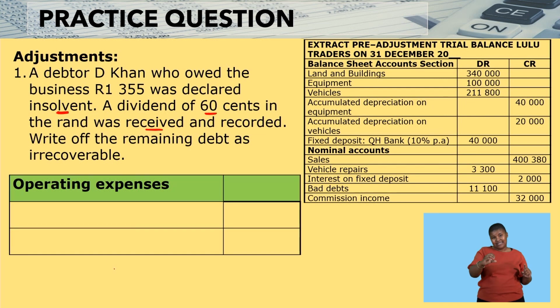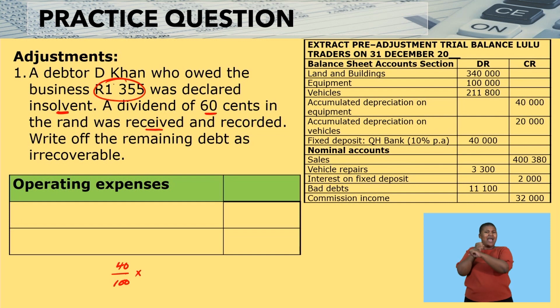So I say 40 over 100, multiplied by the debt they were owing us, which is 1,355. That gives me 542. That 542 is what I call bad debts.